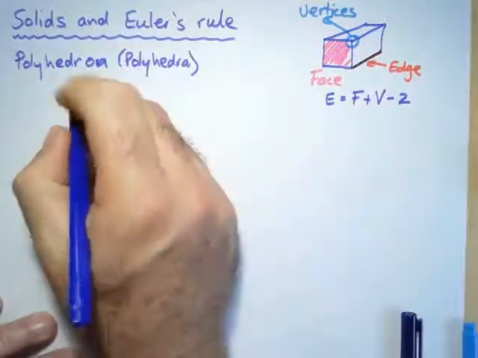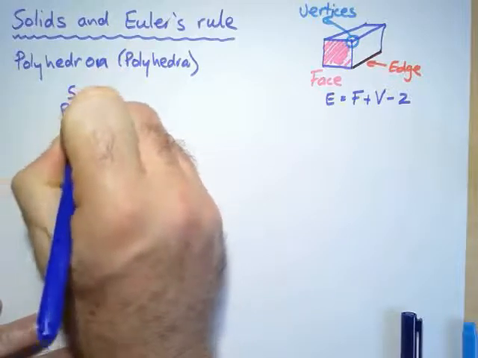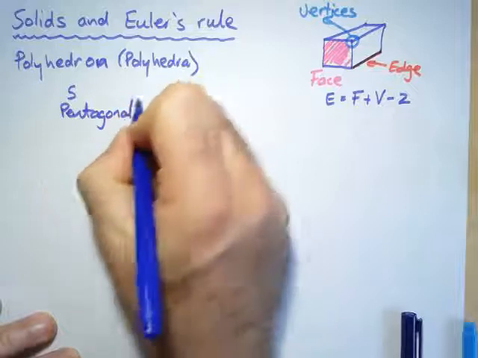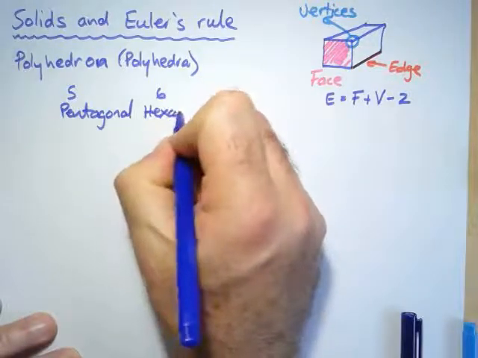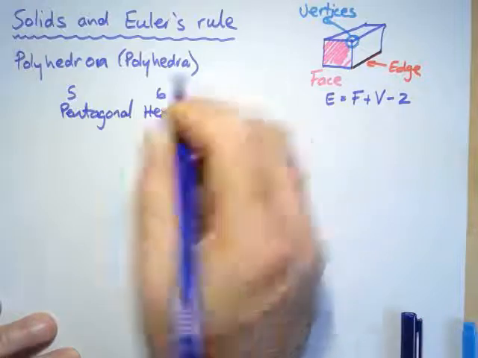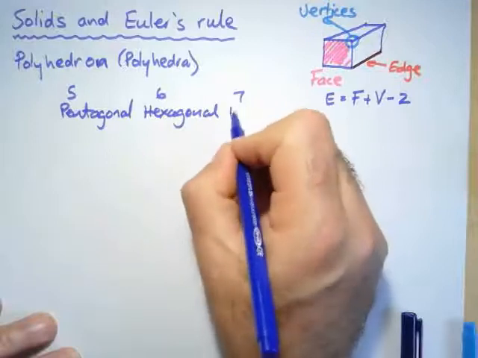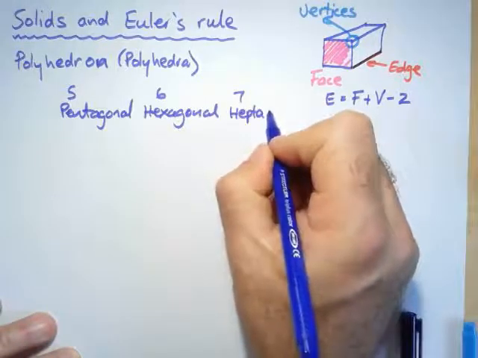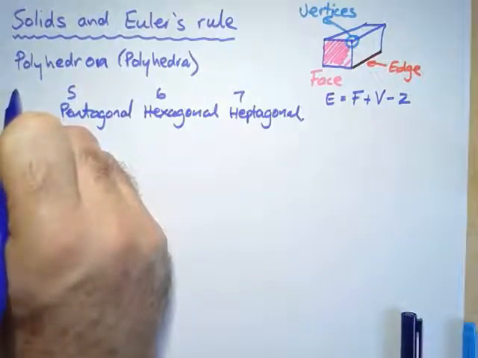But the 5 faces will be pentagonal, 6 will be hexagonal. So all that happens, pentagonal, hexagonal, heptagonal, etc. The only one that stands out is 4.